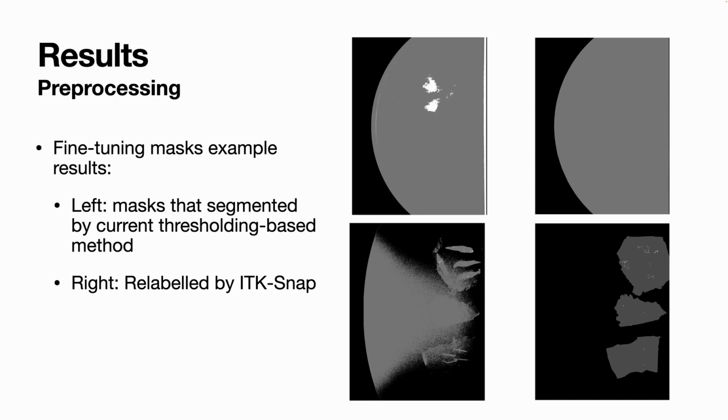As you can see, this is a typical result where masks generated by the current method provide many incorrect regions, in the upper part of the left part of the images. Therefore, the ground truth must be fine-tuned to have a better standard.